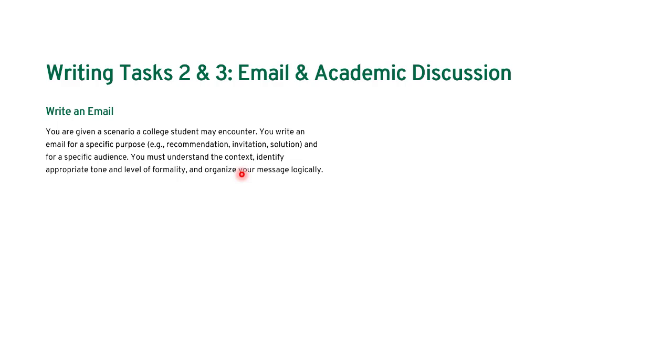So understanding the context, understanding who we write to, they all help us to choose the wording. They all help us to choose how and what language to use to deliver our message logically. So that's for the email.